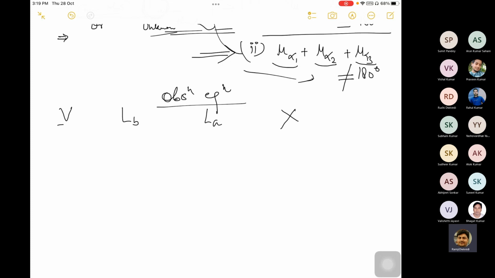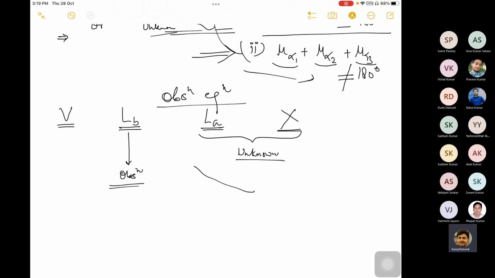I'm again repeating: V is your residual, LB is your raw observation, LA is your adjusted observation, and X is your parameter. So if you see, these are unknown. Only this is your observable, which is available to you.